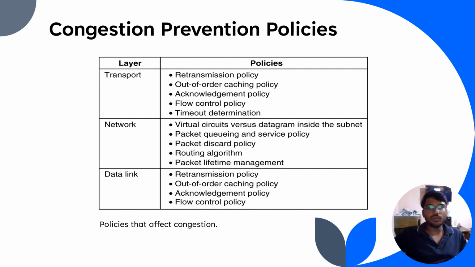congestion prevention policies. In this, as you see in this table, they are divided into layers and policies. In the transport layer there are many points like retransmission policies, out of order caching policies, acknowledgement policies, flow control policies, timeout determination.